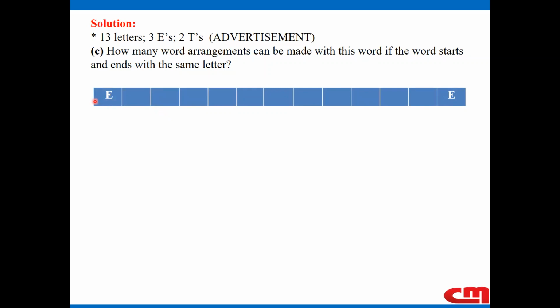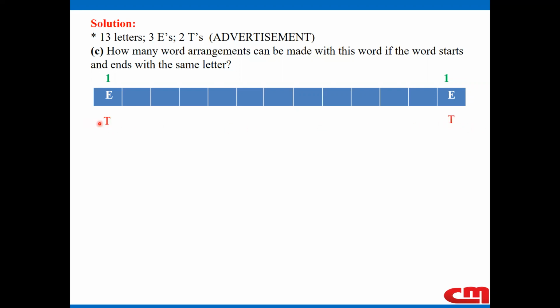So here's the situation, the 13 positions. Now I've put my E at the first and E at the last. And this is 1, 1. The E here, the E there, right? This is one situation, isn't it? Now I can go for the other situation where I'm going to put a T and a T, right? So T at the first and T at the last.